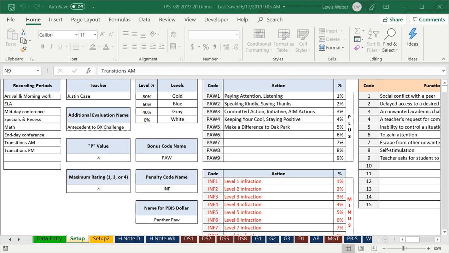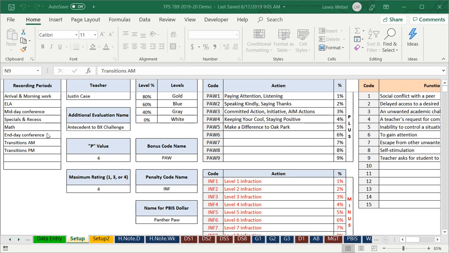I wanted to point out a little bit of a unique way of setting up TPS. This is for Oak Park, and you'll see that we've combined some academic blocks here, and we've also put in a midday conference and an end of day conference, so that way we can more directly involve students with their performance, because we want them to be responsible, right?